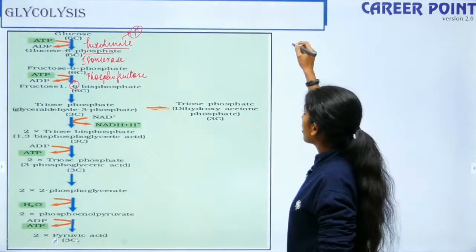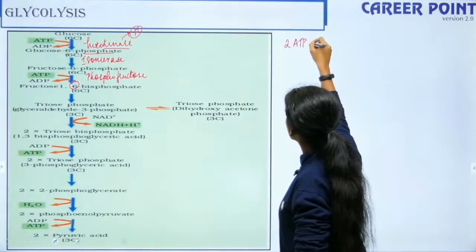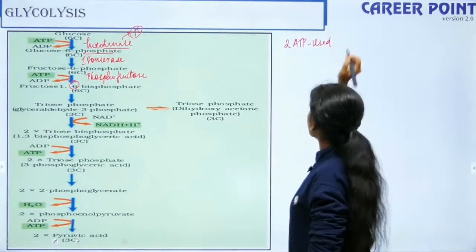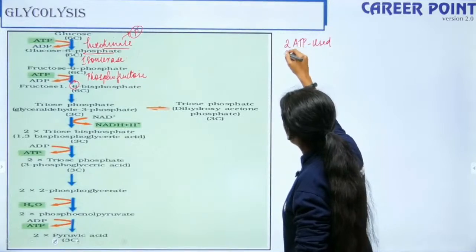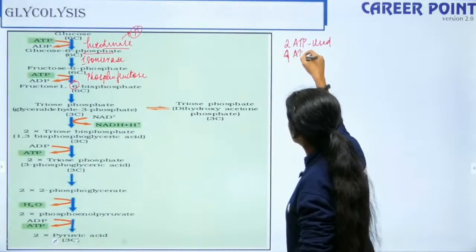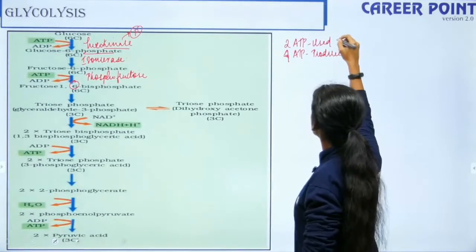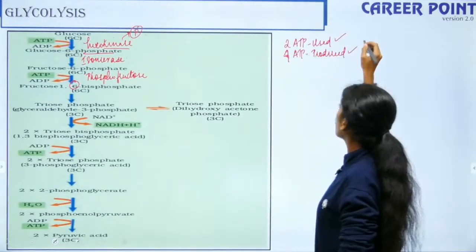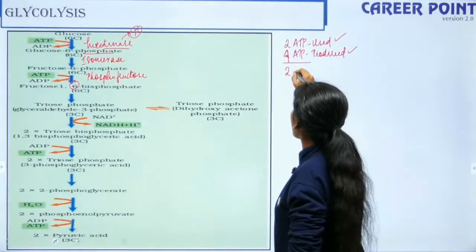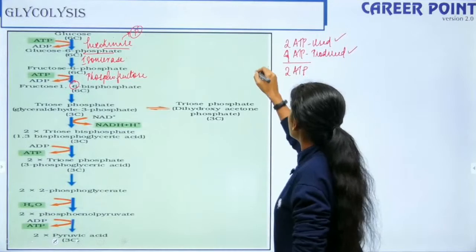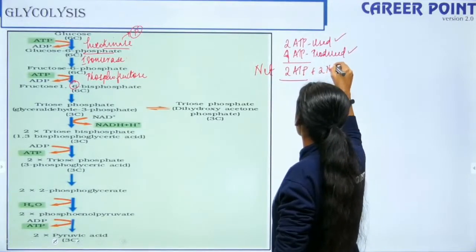For the process of glycolysis, 2 ATP are used and 4 ATP are produced. So the net result is 2 ATP, and we also have 2 NADH.